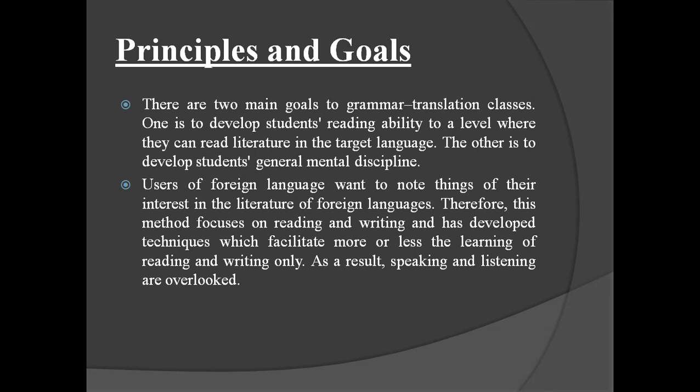So, in grammar translation method, the first and most important purpose is to enable the learner to be able to read literature in the target language, so that when the learner tries to read something in that very target language, be it Latin, be it English, whatever language it is, the learner should be able to understand the literature of that language, the books written in that language, whatever comes across.